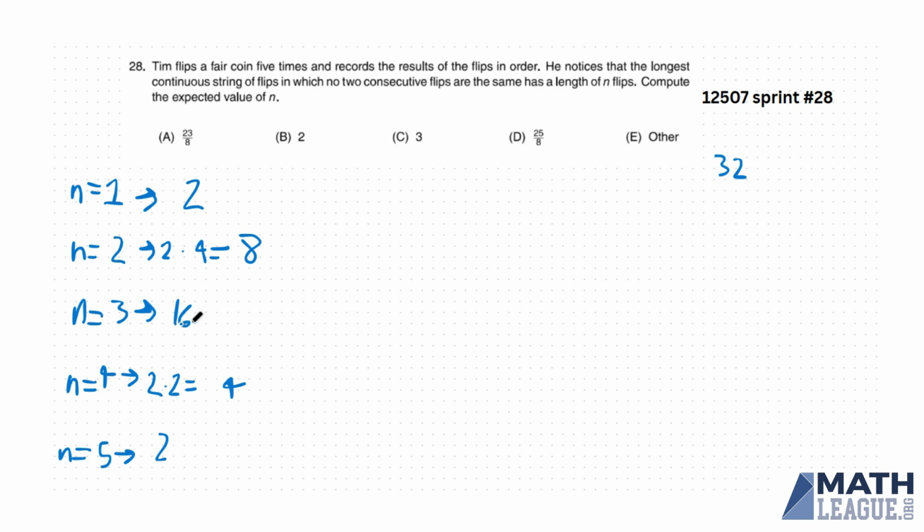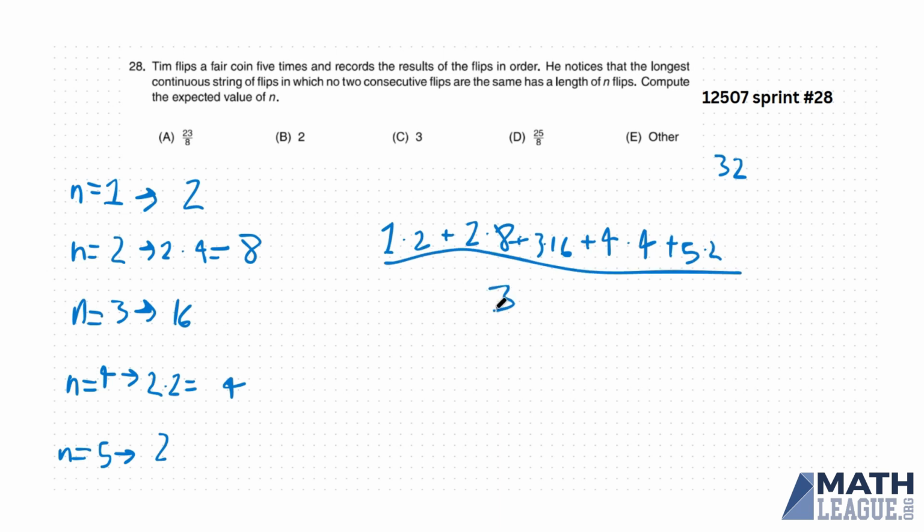So we get an expected value of 1 times 2 plus 2 times 8 plus 3 times 16 plus 4 times 4 plus 5 times 2, all divided by 32, because every individual case has a 1 over 32 chance of occurring. And this evaluates to 92 over 32, or 23/8, as our expected value of n, which is our answer.